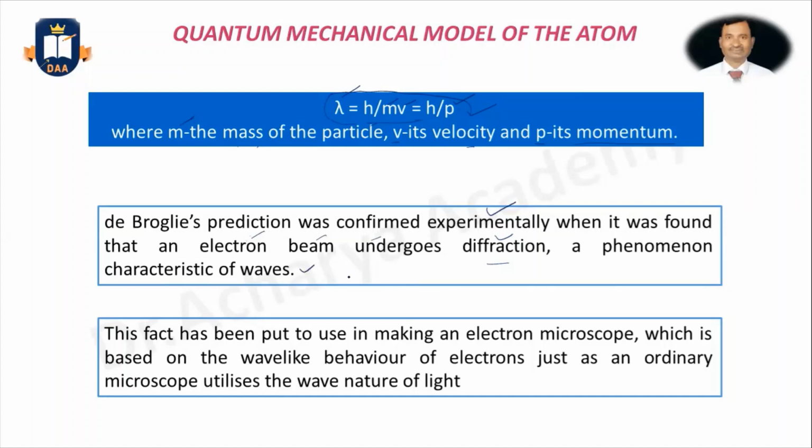So this is the experimental finding as per de Broglie's prediction of wave-particle dual nature. This fact has been put to use in making the electron microscope, because the electron microscope uses both the particle as well as wave properties of a matter or object.